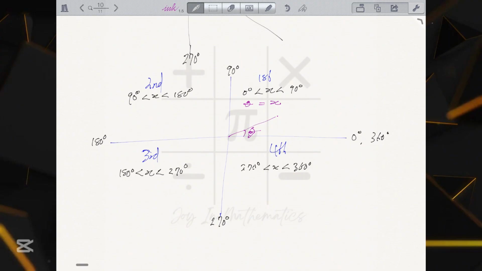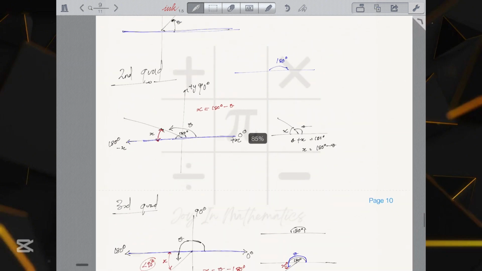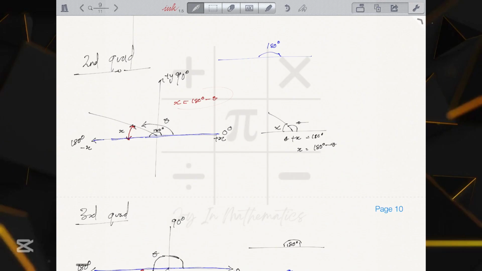And if we have another angle represented here in the second quadrant, let's call this angle theta also. So in this case, we understand that the related acute angle x is equal to 180 degrees minus theta, just as we established in the second quadrant. 180 degrees minus theta.